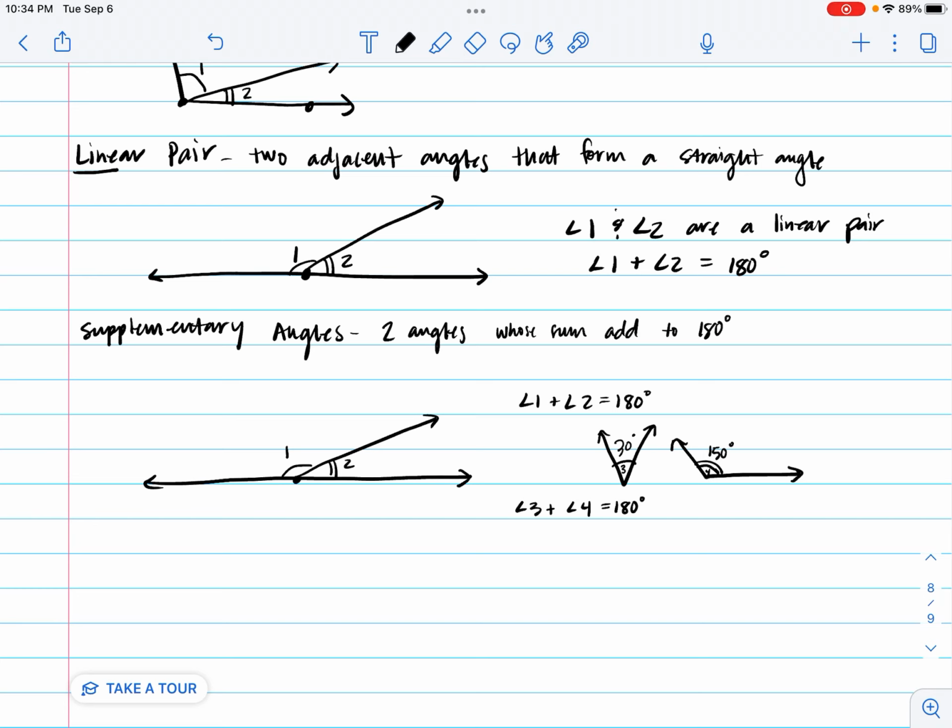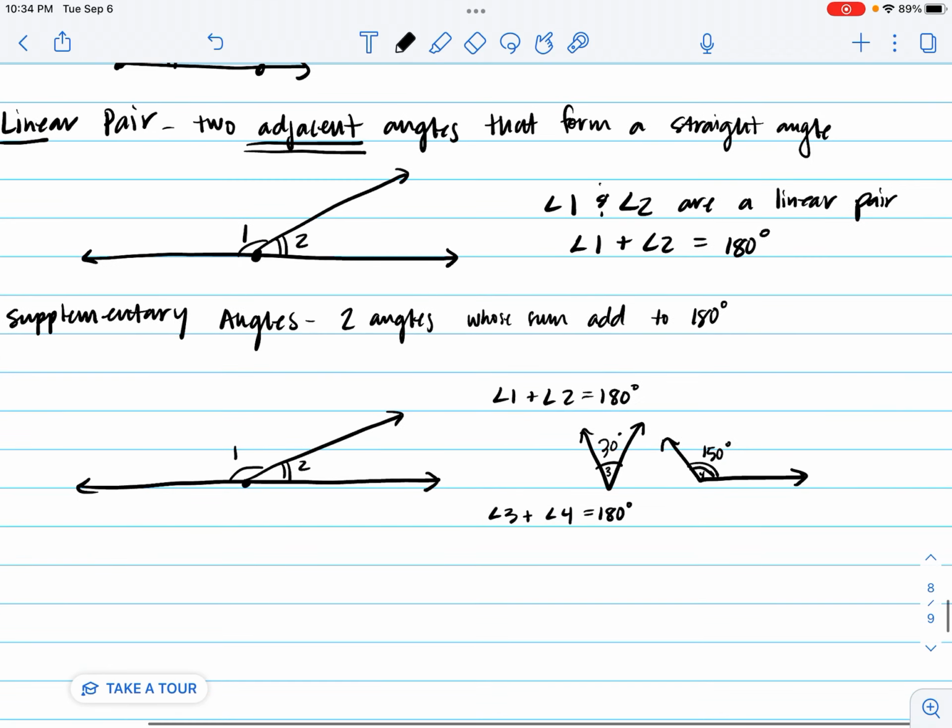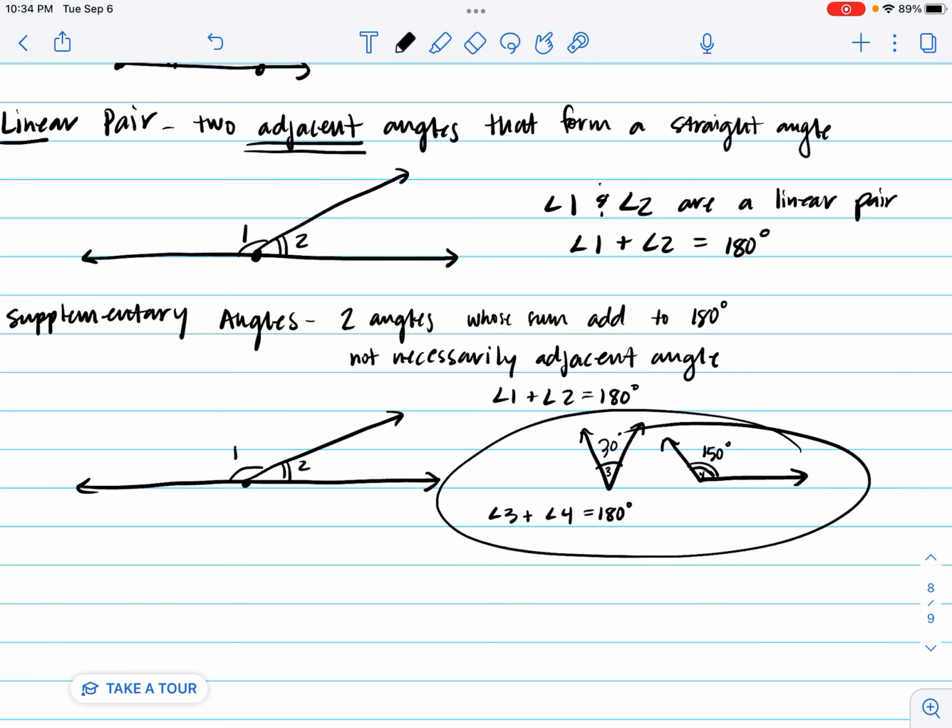So it's very close to linear pair, but linear pair has the definition adjacent in it. Supplementary is not necessarily adjacent. It can be, but it's not necessarily adjacent angles. So this is why we have the second diagram here.